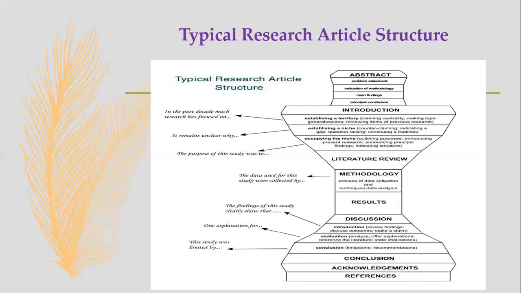So that is why writing an abstract can be a bit of an art, and because of its importance in convincing a particular researcher whether he should read a particular paper or not, it has a great role to play.